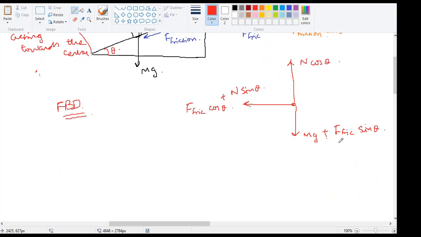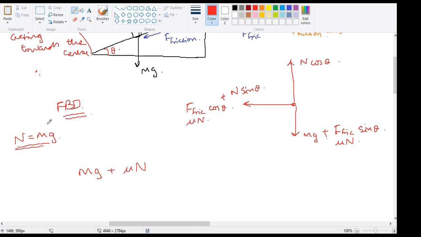You know that F friction is nothing but mu into N. I can say mg plus mu N. Remember, you should not write N is equal to mg. Very often we make the mistake of writing N is equal to mg.